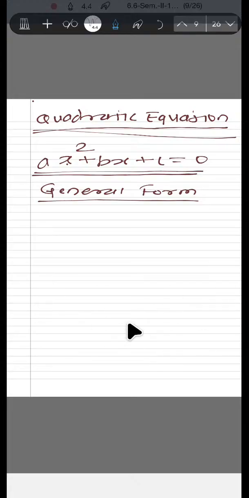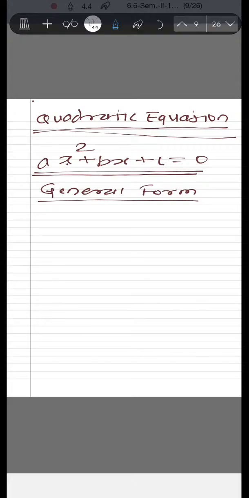Simply the task is to find the value of the variable, which we call finding the solution of the quadratic equation. It means we have to find the value of x here.